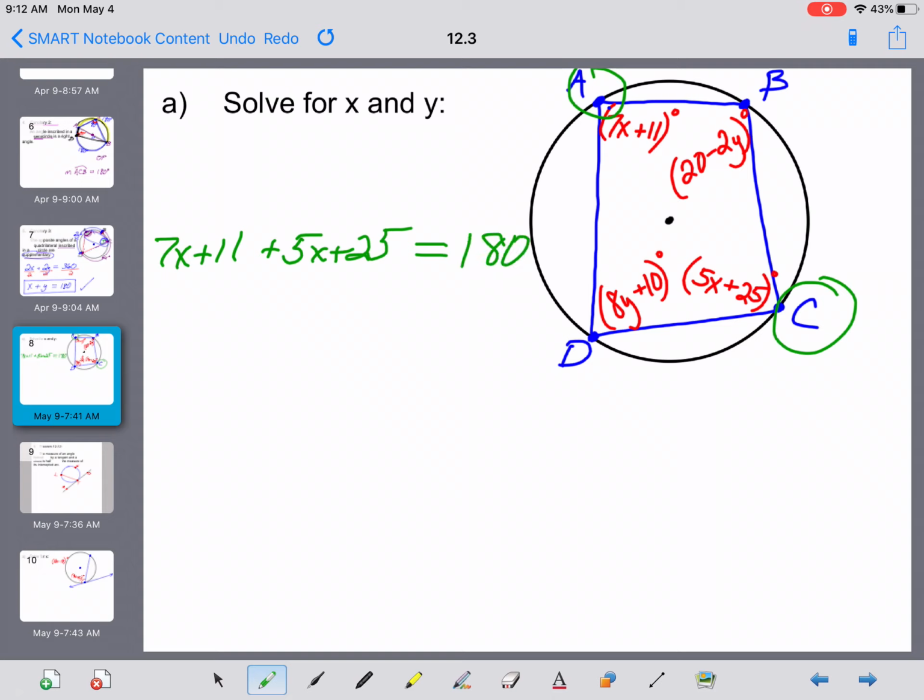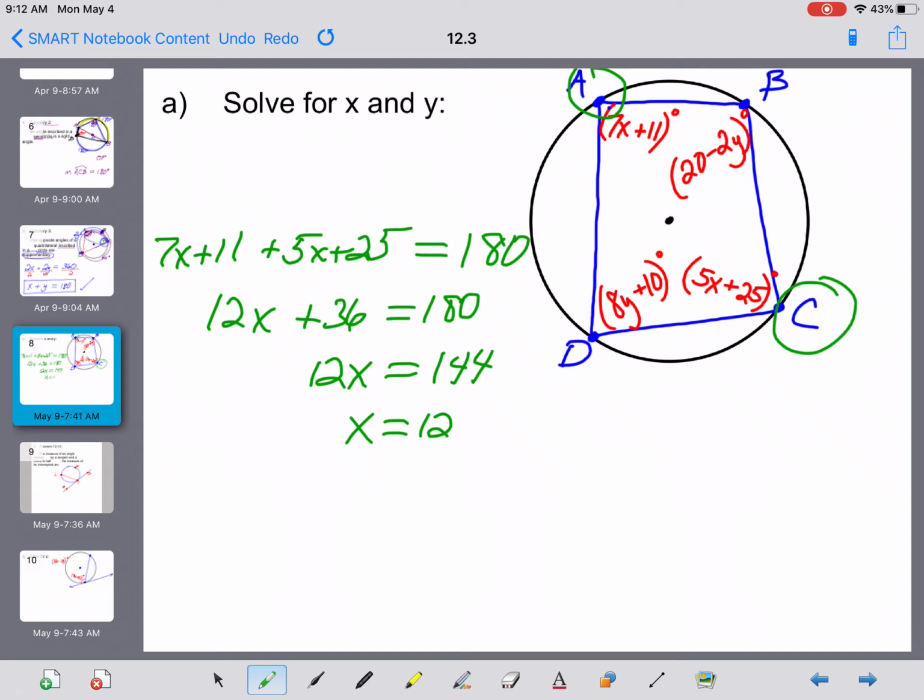All right, let's solve that. The 7x and the 5x makes 12x. 11 and 25 is 36. That equals 180. We'll subtract that 36 from both sides, and I believe get 12x is equal to 144. Divided by 12, x is 12, and that's one of the two things we needed to do in this problem.